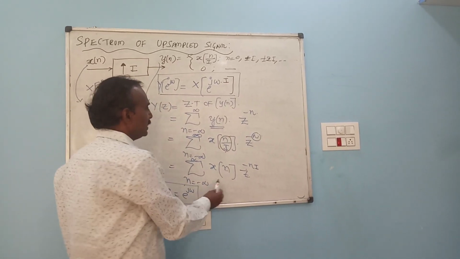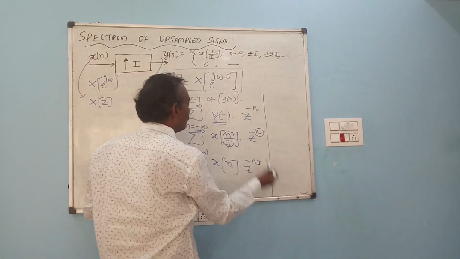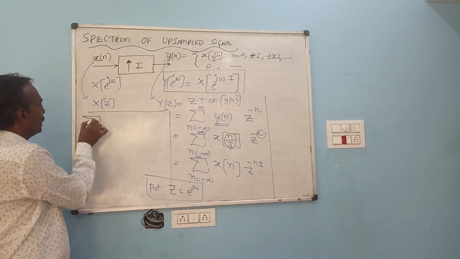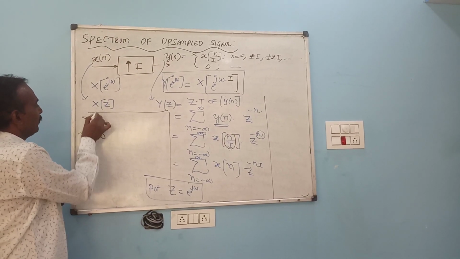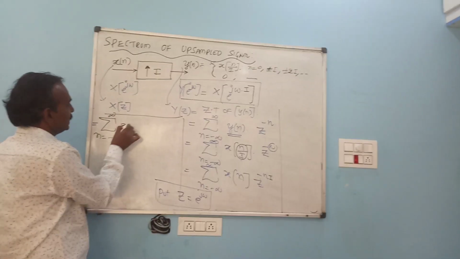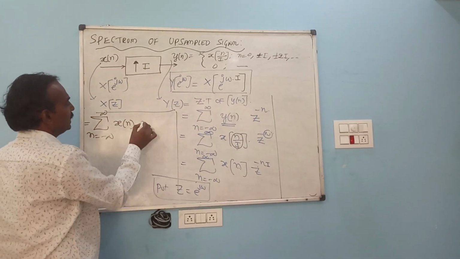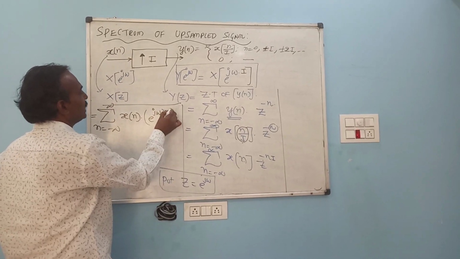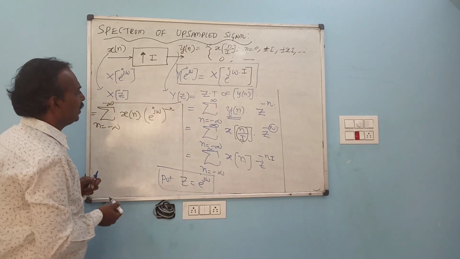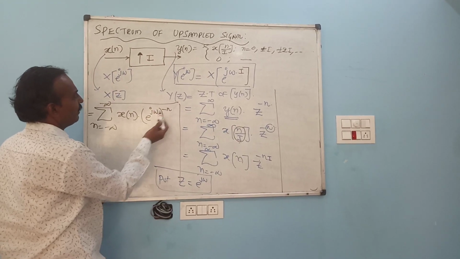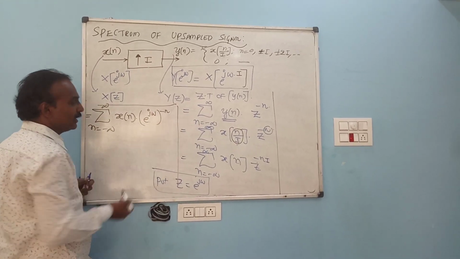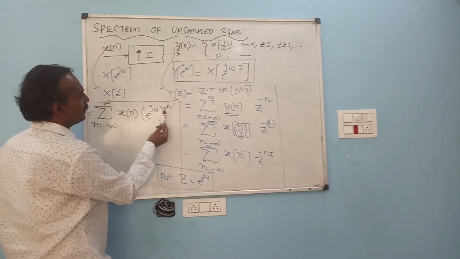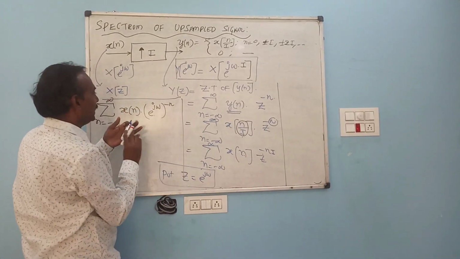The expression is summation, n from minus infinity to infinity, x of n into e power j omega, whole power minus n into I. Let me write I inside.